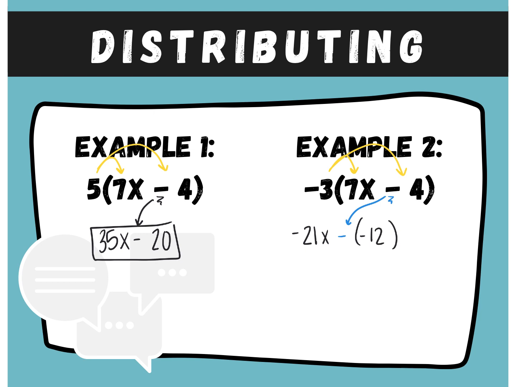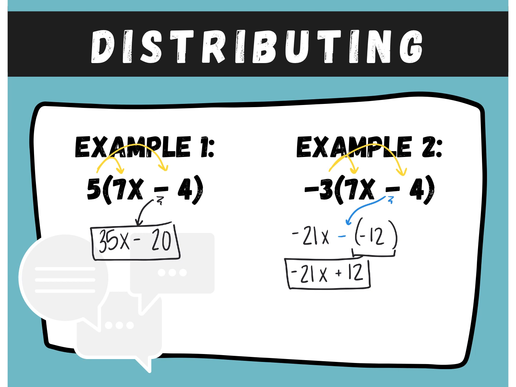Anytime you have a minus sign, you can rewrite the problem using a plus sign. You can do that as long as your first number stays the same, and then you change the minus sign to a plus sign, and you use the additive inverse of whatever comes next. The additive inverse is a fancy word for opposite, and the opposite of negative 12 is 12. Once I change my negative 21x minus negative 12 to negative 21x plus 12, I have fully simplified this expression.